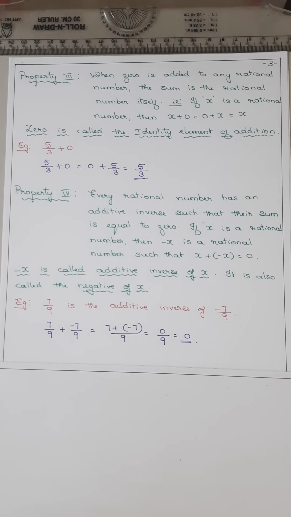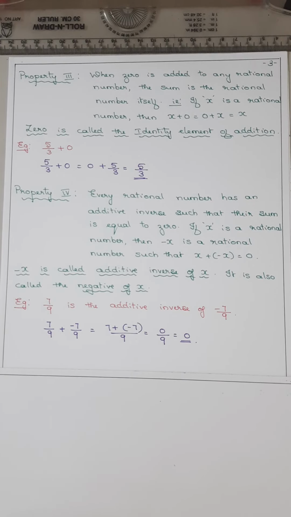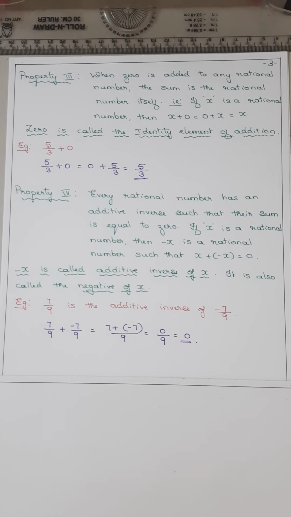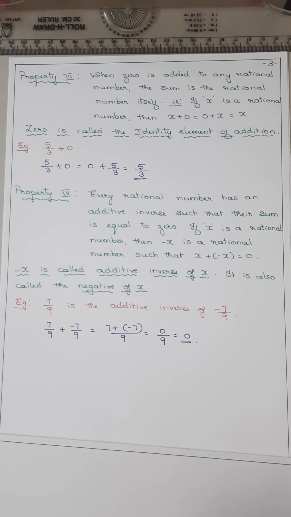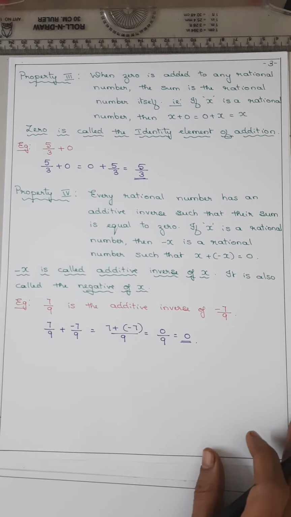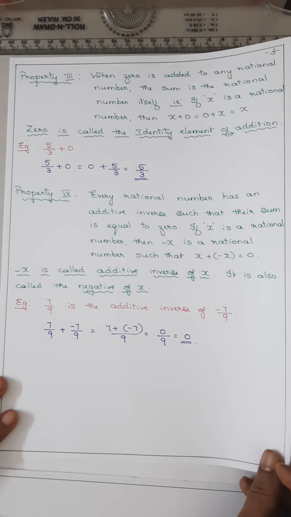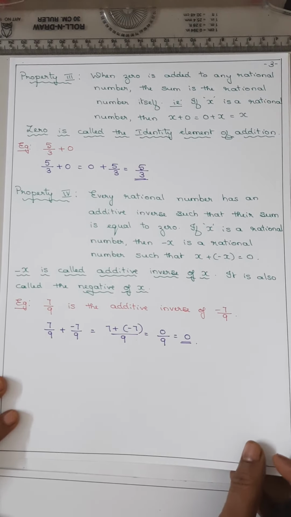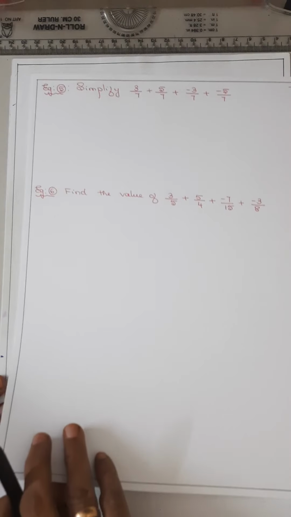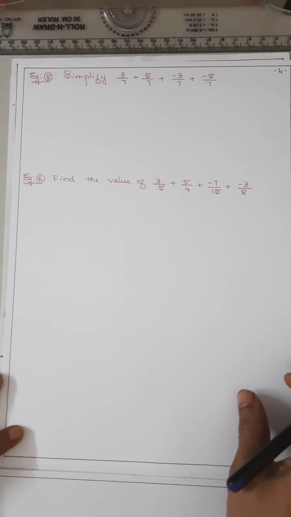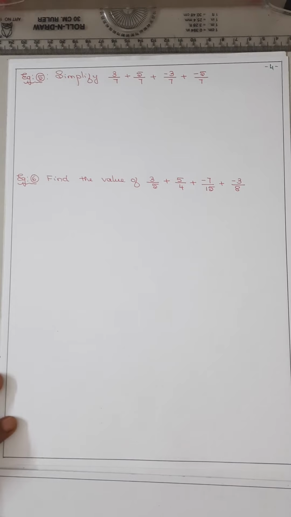So when you add a rational number and its additive inverse, the answer is 0. Understood? Additive inverse means the number is the same, only the sign is different. Add both, the answer will be 0. Then it is called an additive inverse.